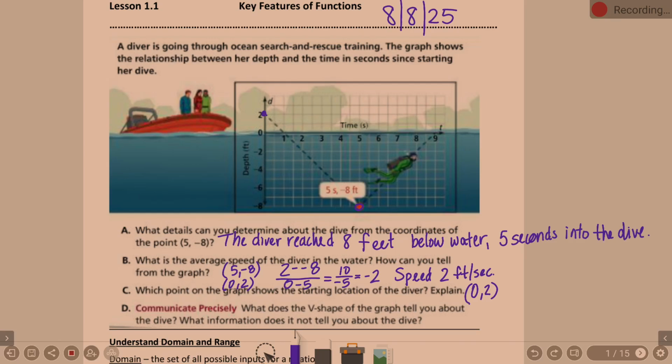It's 0 seconds, and 2 is the 2 feet above water. Above the water level. So this is just the 0 seconds, 2 feet above the water.